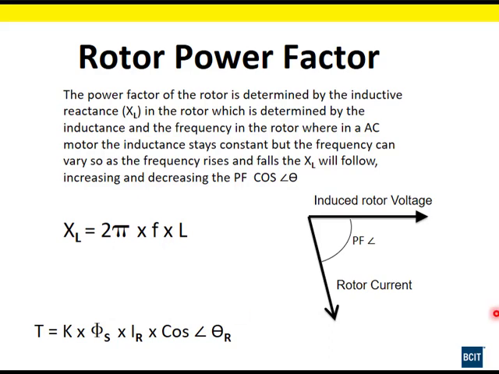So it's safe to conclude that our inductive reactance will change as the speed of the rotor increases. Remember, when the speed of the rotor goes from 0 RPM all the way to full RPM, the frequency drops significantly. So in that previous example, at startup, the frequency was 60 hertz.